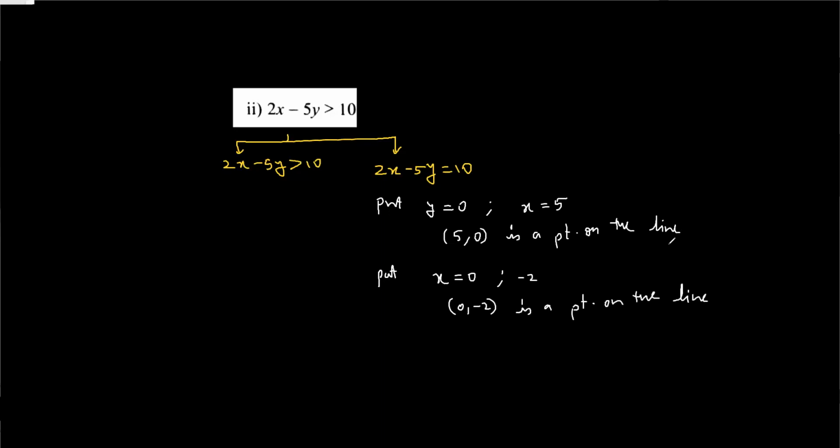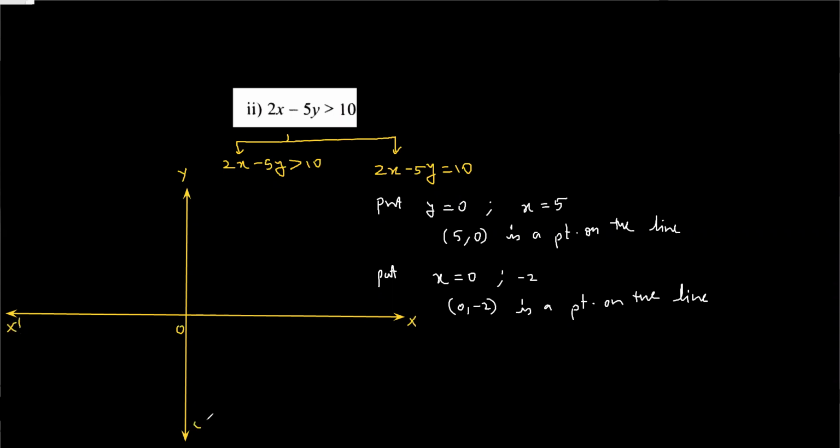Now it is time I drew the line. So here, what do I do? I go for the y-axis, I go for the x-axis, and then I want to draw the line. So this is the y-axis, x-axis, this is the origin, the negative of x, negative of y. See, I want 5, 0.